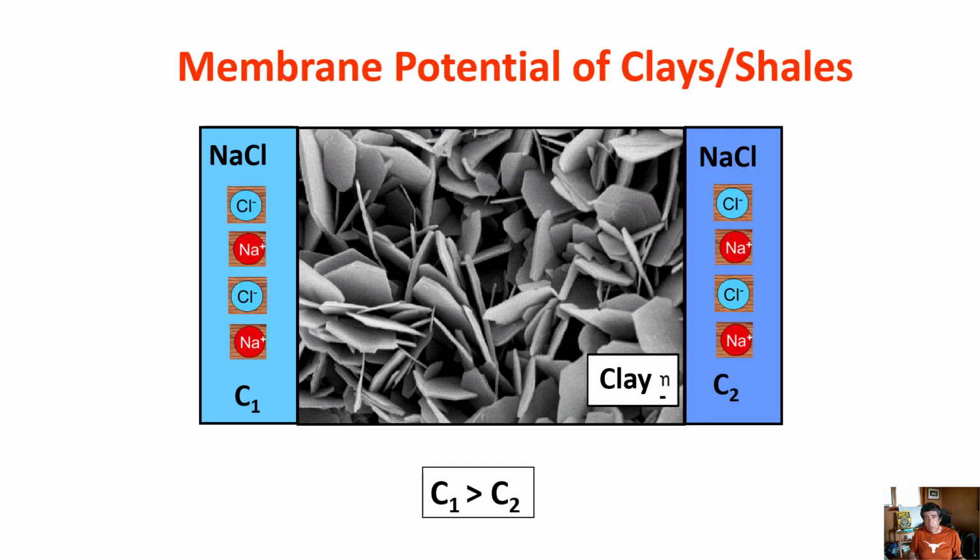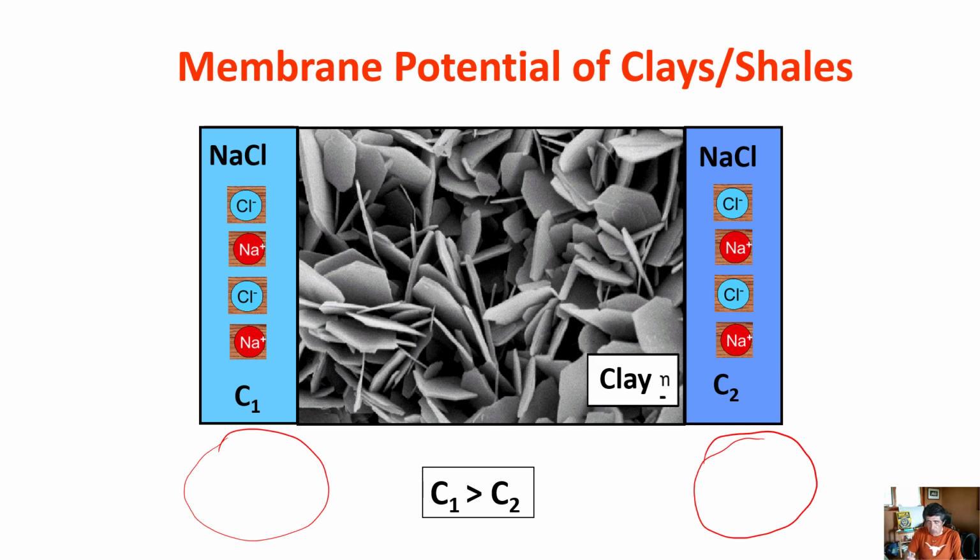Now, let me show you in more specific detail how this works for the case of membrane potential. So once again, let's consider that we have an aqueous substance with sodium chloride here with high concentration, and another aqueous solution with less sodium chloride, lower concentration. So now we're going to place them in contact, but we're going to force them to equilibrate from high concentration to low concentration through a medium that is abundant in clays.